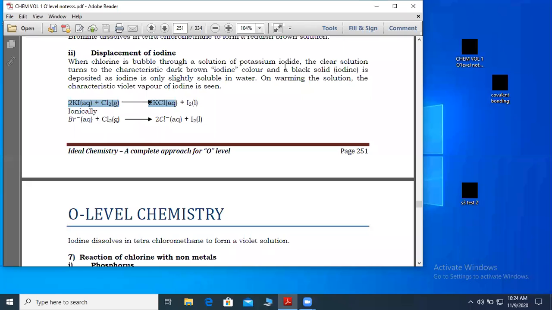But on standing, a black solid will settle at the bottom. After some time, a black solid is deposited as iodine at the bottom of the beaker or test tube, whatever you'll be using. So, who can tell me the explanation for this observation now? A colorless solution turns to a dark brown solution. Someone tell me the explanation.